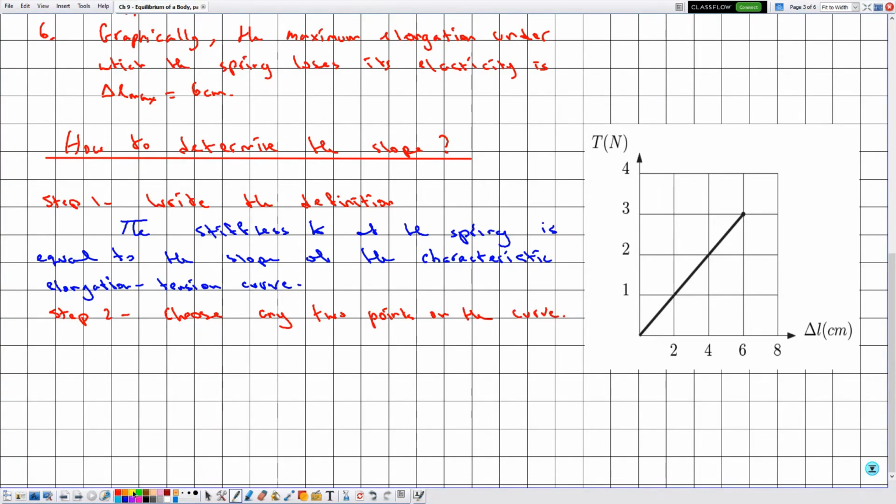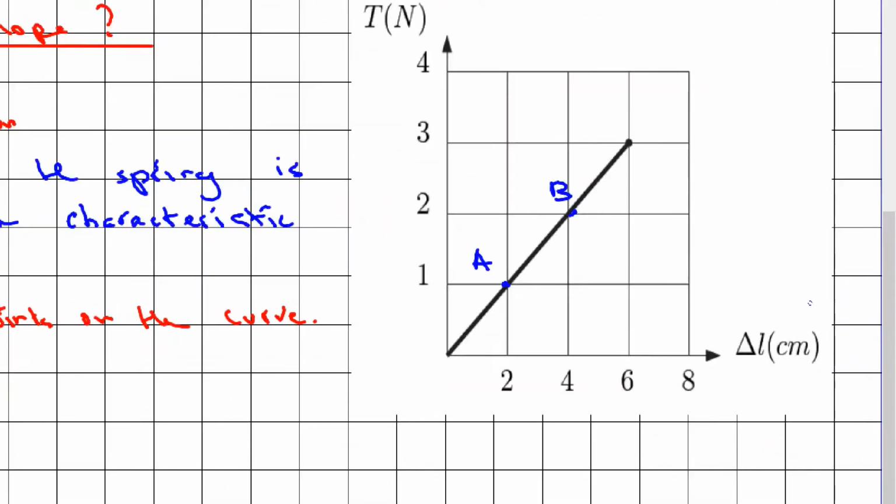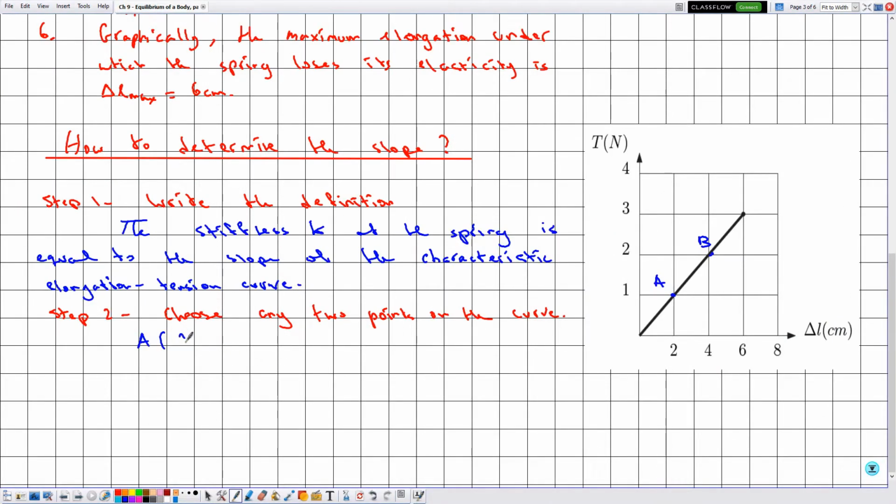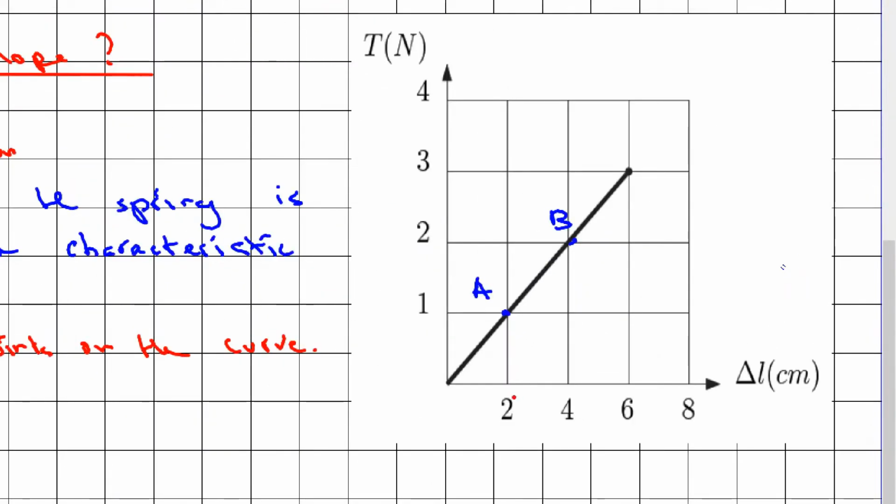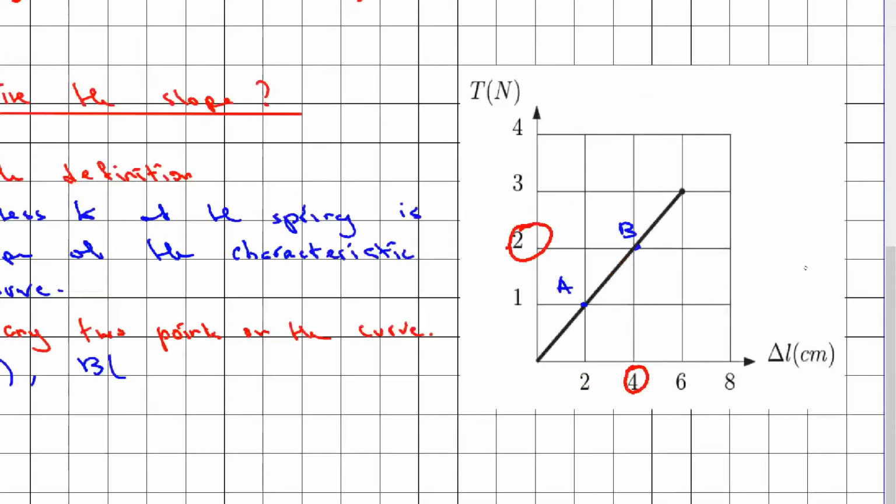Then my choice will be, for example, the point A and the point B. Then now let's write the coordinates of the points A and B. Then A is given by, we always start with the elongation, then the tension, 2 centimeters with 1 newton. As for the point B, it's given by 4 centimeters and 2 newtons.